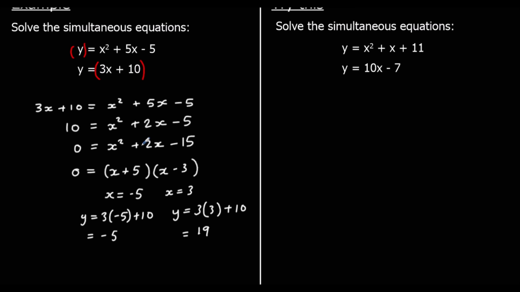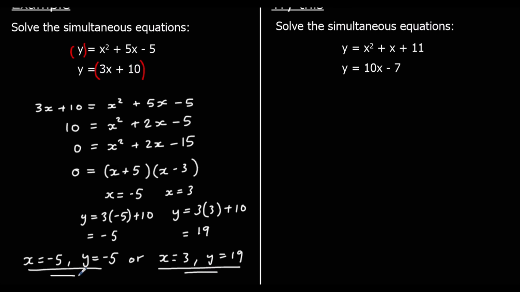So we've got two answers. Either x is negative 5 and y is negative 5, or the other option is x is 3 and y is 19. So they are our two answers.